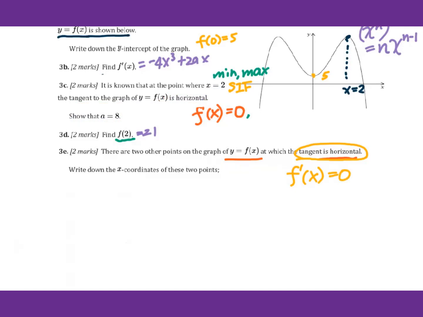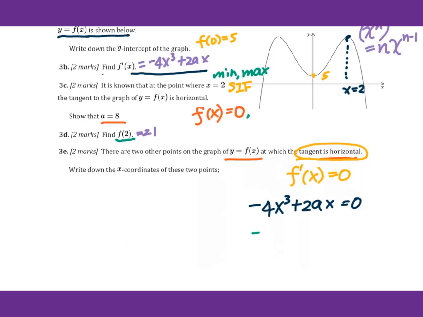We already figured out f prime of x equals negative 4x third power plus 2ax. So we set up negative 4x third power plus 2ax equals 0. We already know a equals 8, so we plug in.